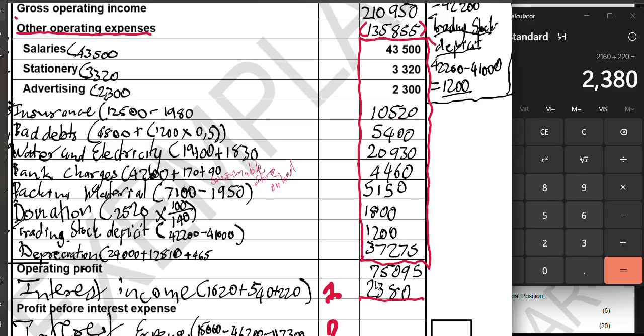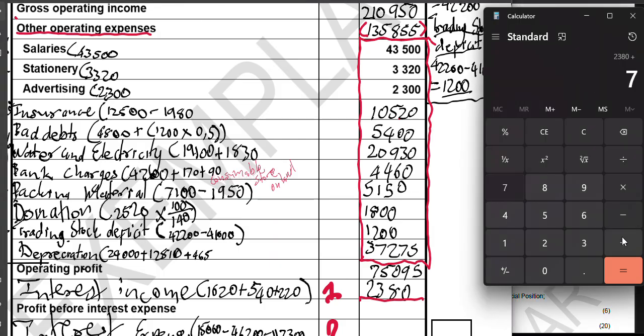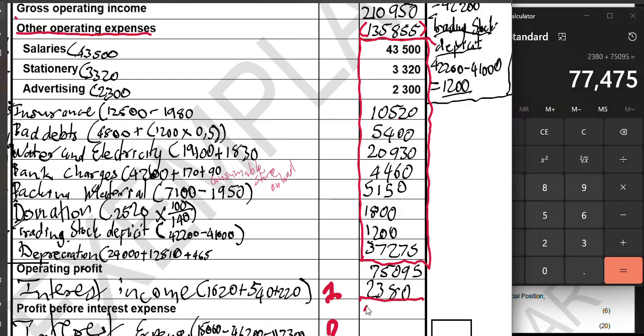So we add the two. We are going to add this with 75,095. Now, ladies and gentlemen, the answer that we get there is 77,475.